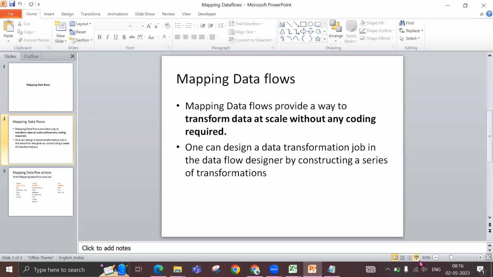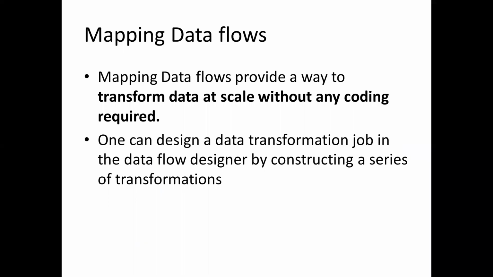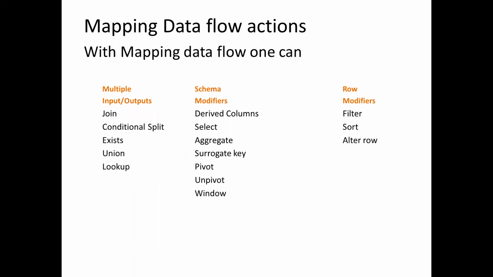Okay. So now, as part of mapping data flow, you have many data flow actions available that we can leverage in our day-to-day activities. For example, you can see join and conditional split: how we can join two data sets based on key columns, and how we can conditionally split the data.